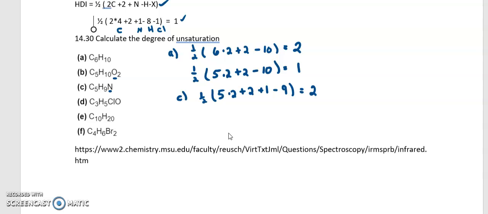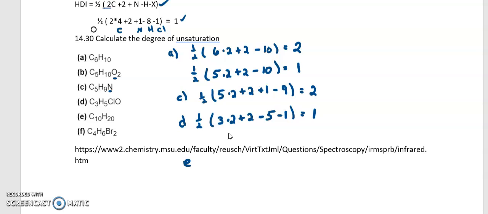For D, we have 1/2. We've got 3 carbons. We've got 5 hydrogens. And we've got 1 halogen, the chlorine there. The oxygen isn't going to make any difference to our deficiency, so we don't put that in. That's 1.